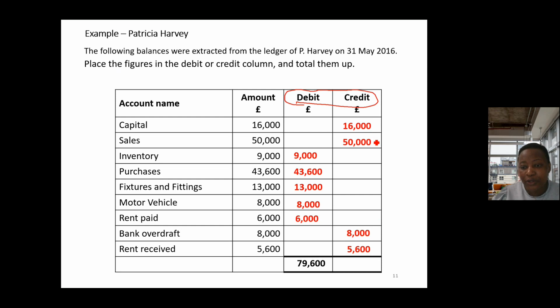So if we sum up 16,000, 50,000, 8,000 and the rest, and it doesn't give us 79,600, we know that something is wrong. We need to go back to our journal and our ledger postings. If we sum all of these entries, we should have 79,600. I hope this is clear. So this tells us that we have posted things rightly, and this is our trial balance.